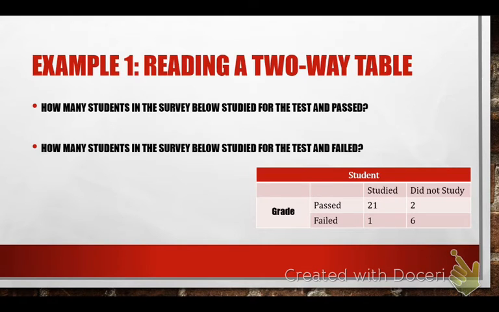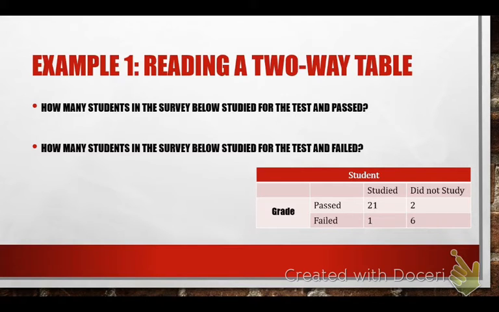All right, so in example 1, we're just learning how to read a two-way table. So I'm going to ask you a couple general questions based on this table of students who studied and did not study, and students who passed and failed a test. It says how many students in the survey below studied for the test and passed.